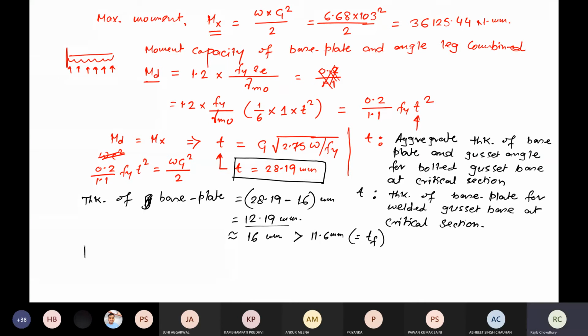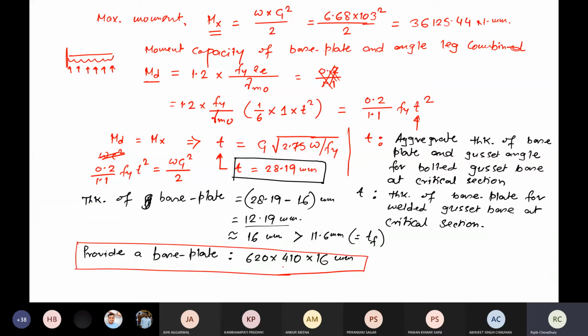So what would be my statement of the solution? Provide a base plate 620 by 410 by 16 mm.